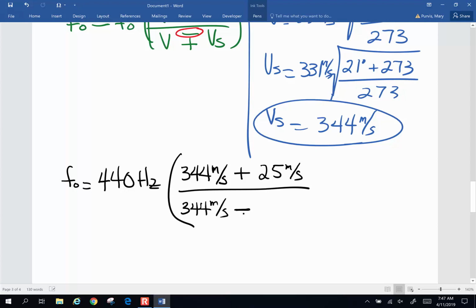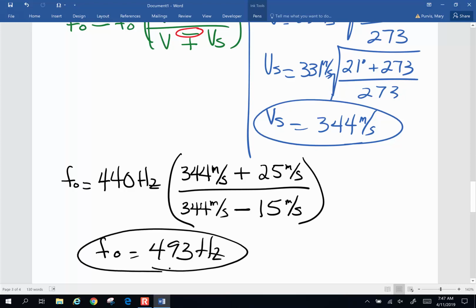Towards situation means the bottom is negative, and her velocity towards you is 15 meters per second. Watch the order of operations. You do the addition or the subtraction first, then you do the division. When I do all the lovely math, I get 493 hertz, and that is the musical note that is going to come to your ears.